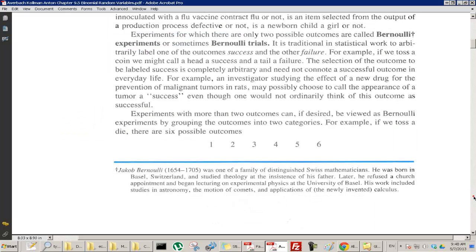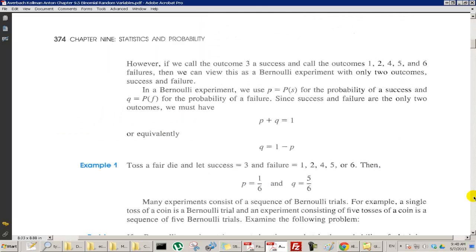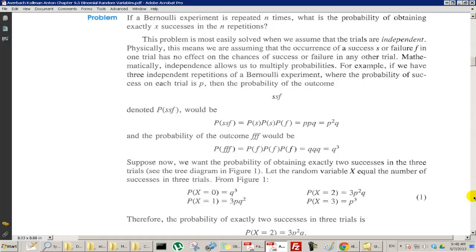But that is basically the same thing as, for example, having a family of 5 children is like tossing a coin 5 times, and we can ask what's the probability of having 3 female children, or 4 female children, or 5 female children.